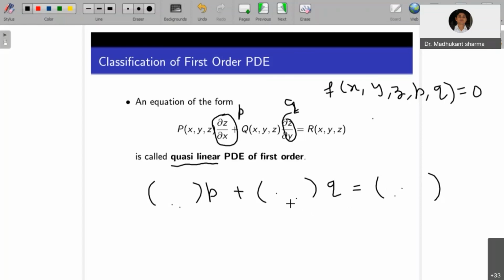Then such a type of first order partial differential equation is known as quasi-linear. If you try to relate this with the ordinary differential equation case, why are we not talking about a linear one? Because it may also involve the product of z and its derivative. In the ordinary differential equation case, for the linear case you are not allowing the product of y and any of its derivatives.